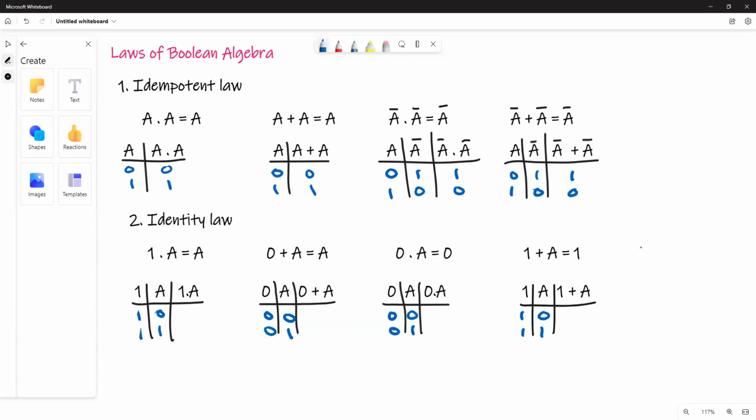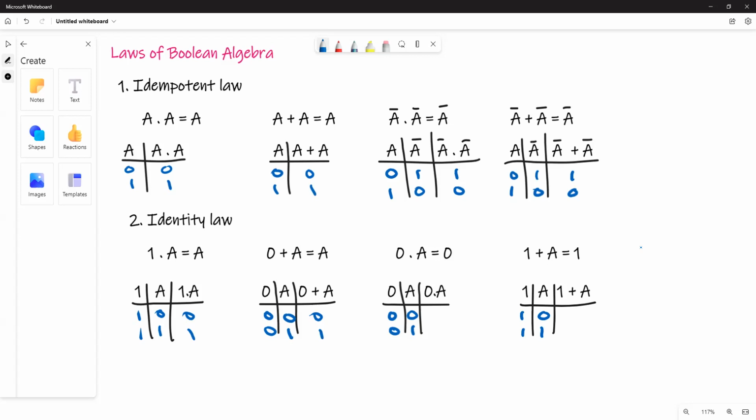Let's put the answers. When you multiply 1 with the Boolean variable A, there is no change of the variable, which means you will get the same outcome. So this will be 0 and this will be 1, which is similar to A. So this is true. Then the addition of 0 with a Boolean variable: no change of the variable, because whenever you add a 0, it won't change the original outcome. 0 plus 0 is 0, 0 plus 1 is 1.